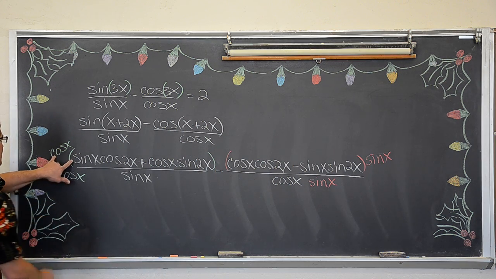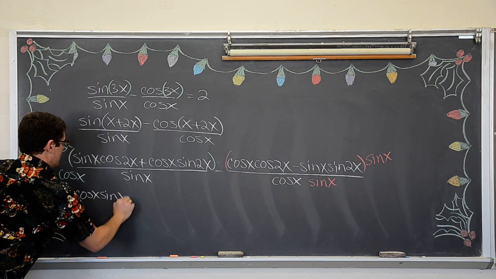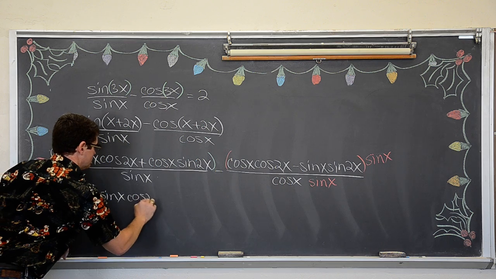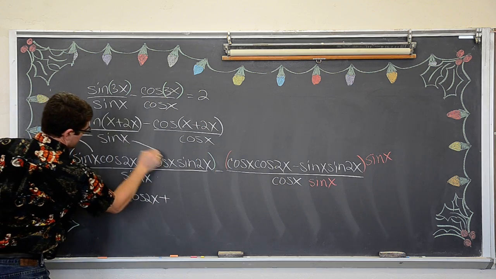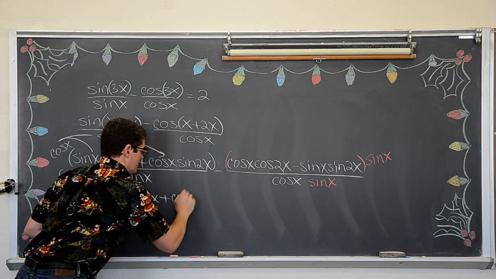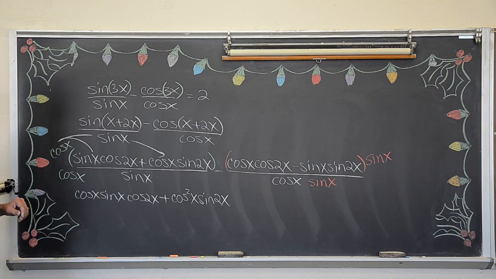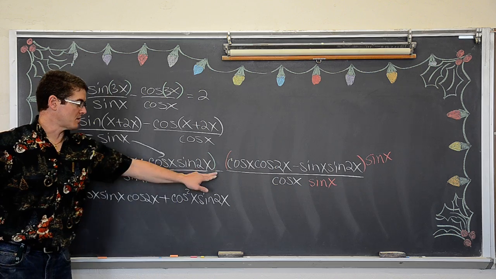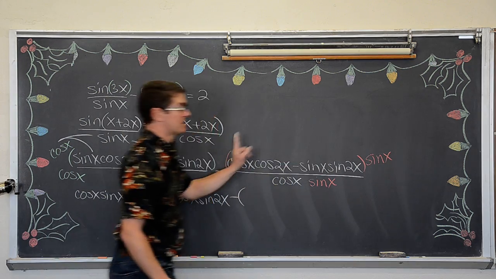Okay, so we have, get down here. All right, cosine x, sine x, cosine 2x, plus cosine times cosine is cosine squared x, sine 2x. Now I'm going to make common denominators, so I'm going to put this minus sign here and a set of parentheses because there's two terms in the second numerator.